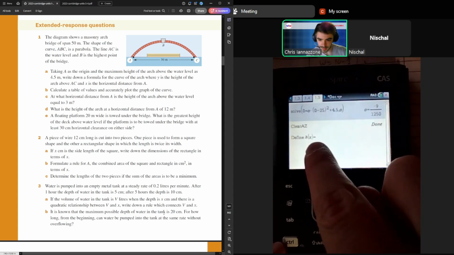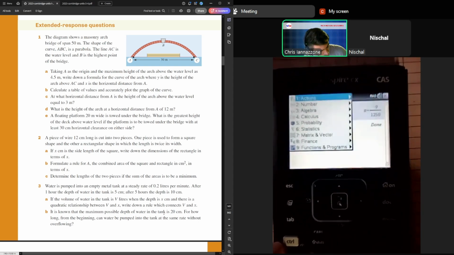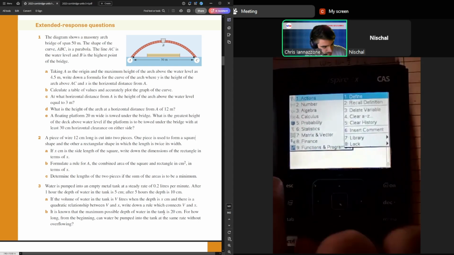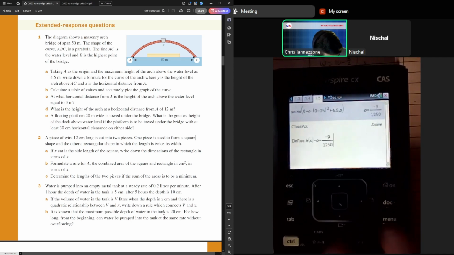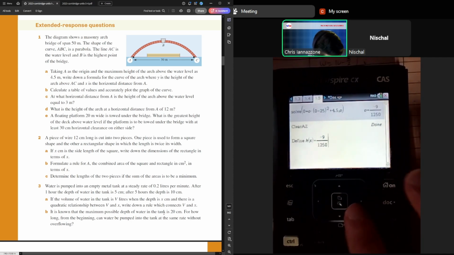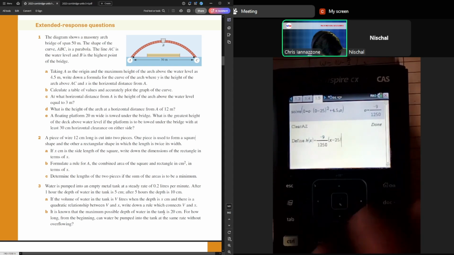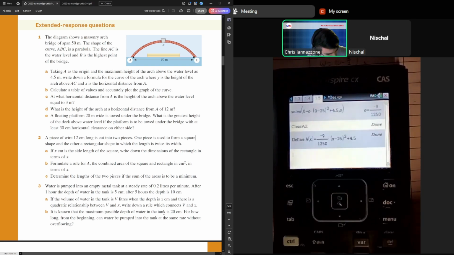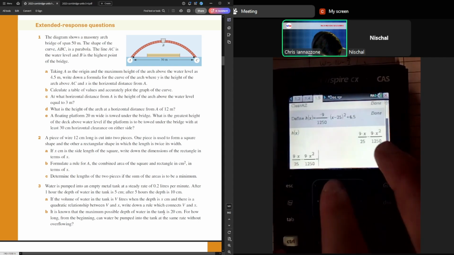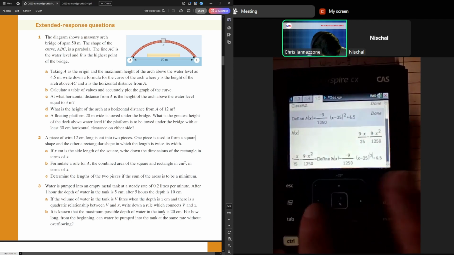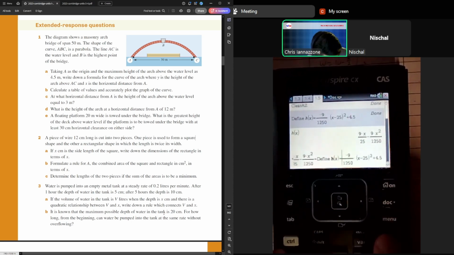The idea is Menu 1 to get to Define, and then all you do is call your function whatever you want to call it, and then write out the rest of it. So your a term is going to be this: x - 25 all squared plus 4.5, and that way I don't have to write that out a whole bunch of times. I just need to say h(x). The CAS has expanded it out naturally, but if I were to say this equals this, it would say true, unless I've done something really strange.